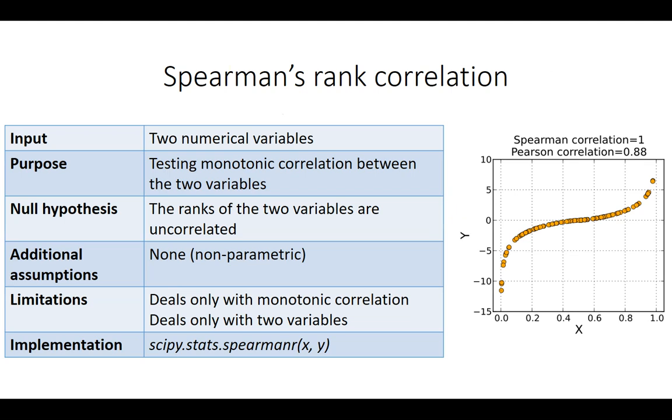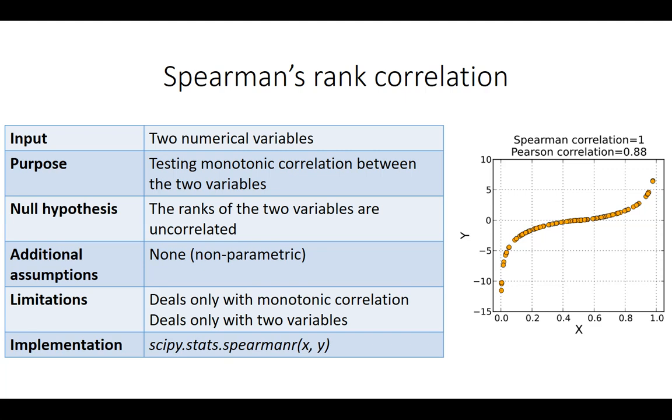For that, we can use what is called the Spearman's rank correlation, which works very similarly to how Pearson's correlation works. Again, it gets 2 numeric variables, and it tests whether you have some monotonic correlation between those 2 variables. Here the null hypothesis would be that the ranks of these 2 variables are uncorrelated.